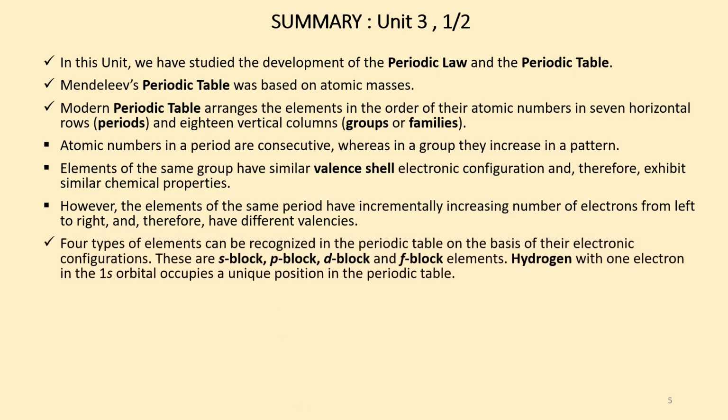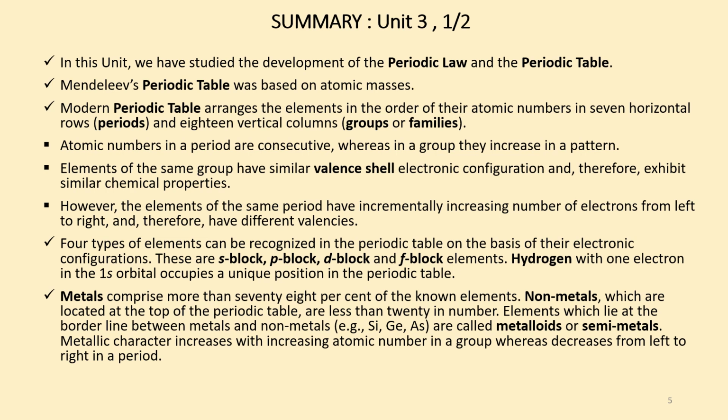Four types of elements can be recognized in a periodic table on the basis of their electronic configurations. These are s block, p block, d block and f block elements. Hydrogen with one electron in the 1s orbital occupies a unique position in the periodic table.